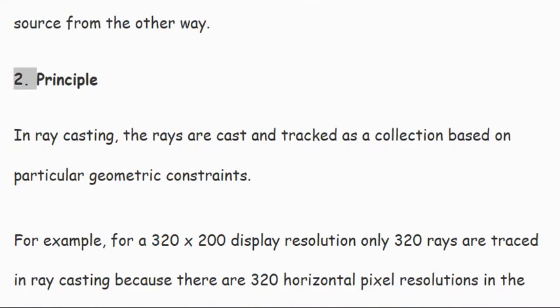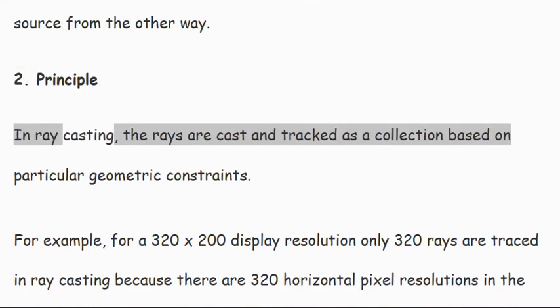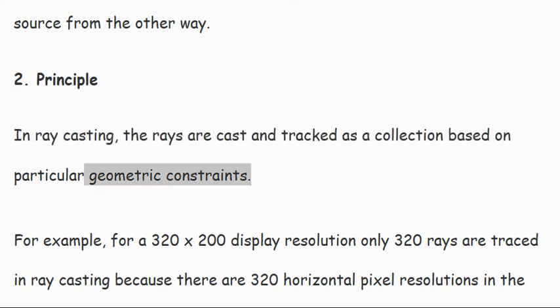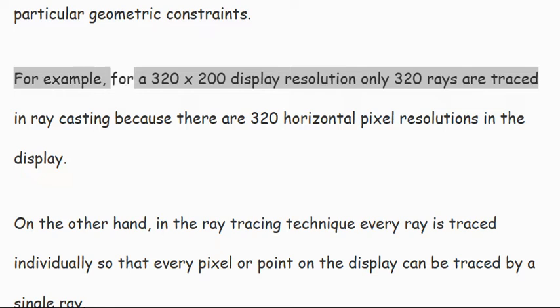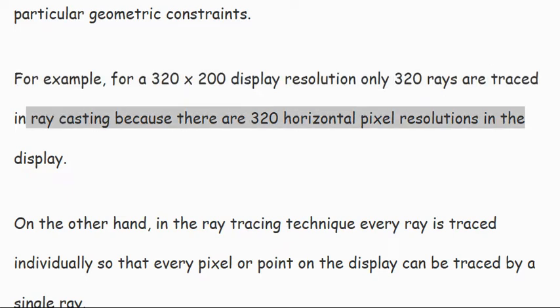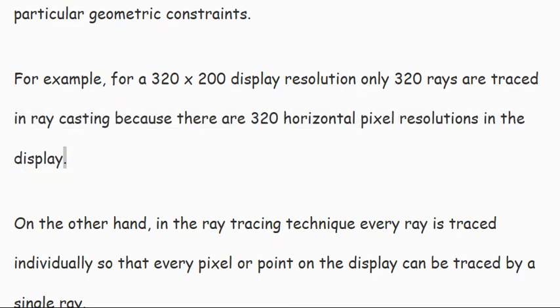2. Principle. In ray casting, the rays are cast and tracked as a collection based on particular geometric constraints. For example, for a 320x200 display resolution, only 320 rays are traced in ray casting because there are 320 horizontal pixel resolutions in the display.